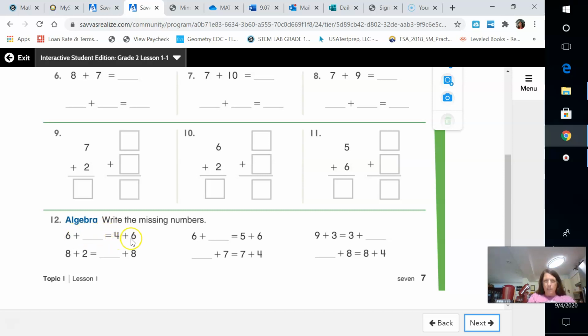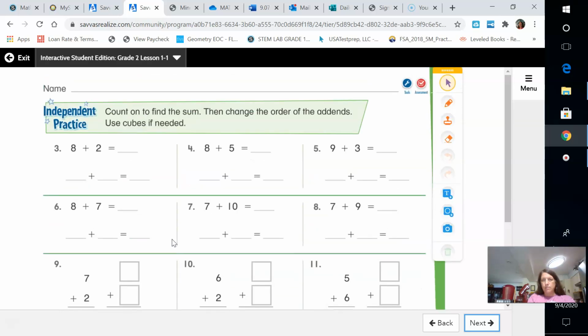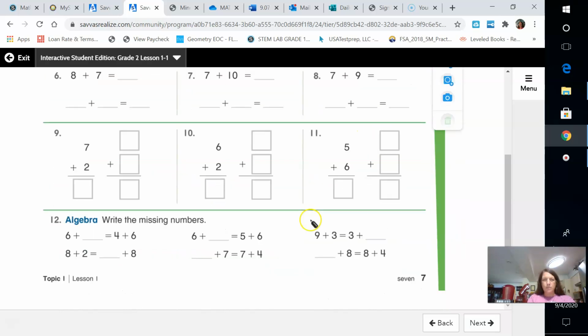Well, we have 4 plus 6 over here, right? And we have 6 plus something over here. So we have to figure out which addend's missing. Let me get a pen. Well, I don't have a 4 on this side, do I? 6 plus 4 equals 4 plus 6. So that's what you're going to do for these problems at the bottom here.